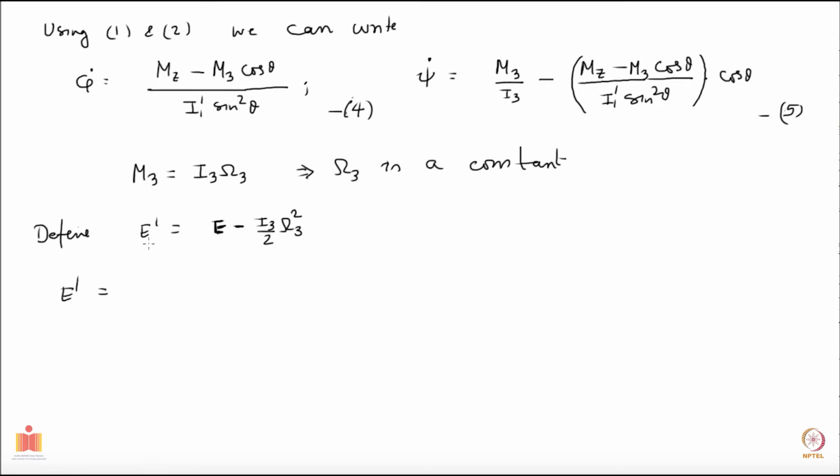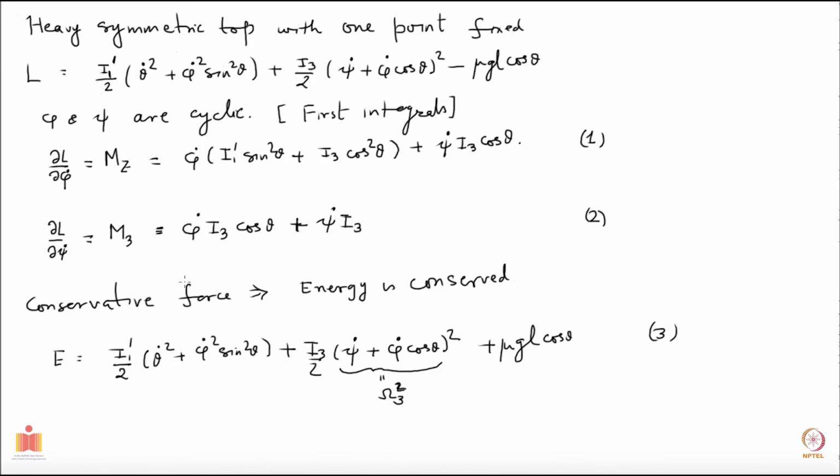So when I substitute in E prime, I get I1 prime by 2 theta dot square, that's this thing, and then phi dot is expressed in terms of theta. This is anyway involving theta. This has gone to the left side.